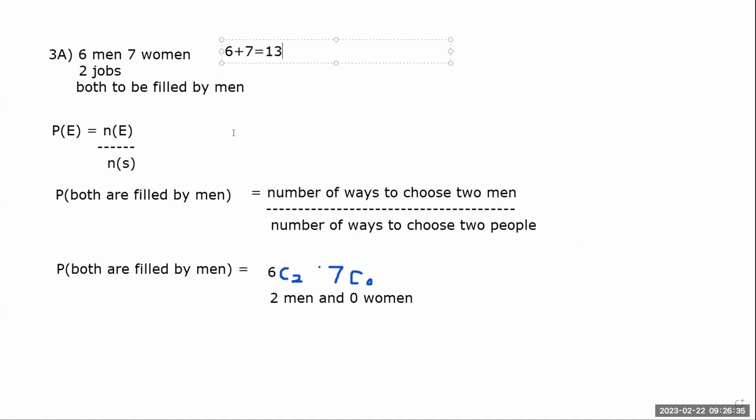So this is going to be 13. There's 13 people, and out of that 13 people, we're choosing 2 people.